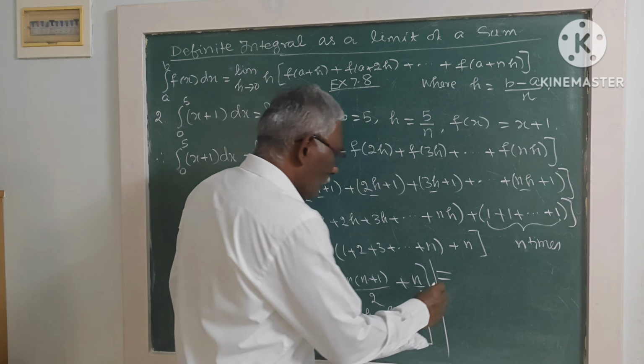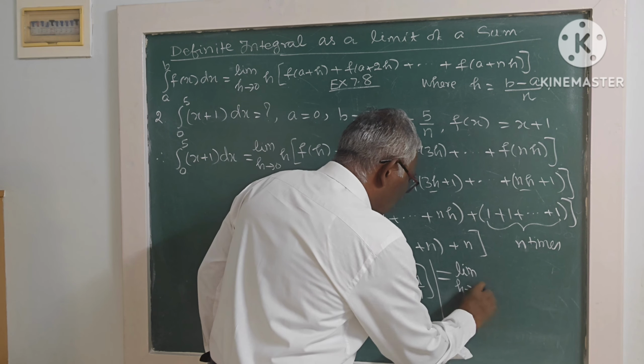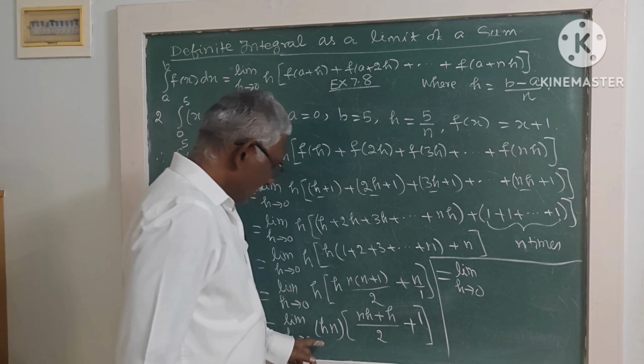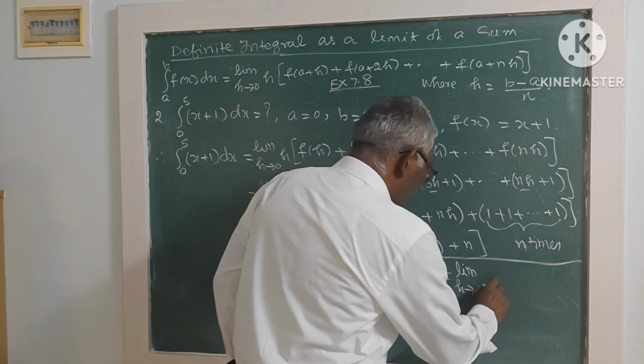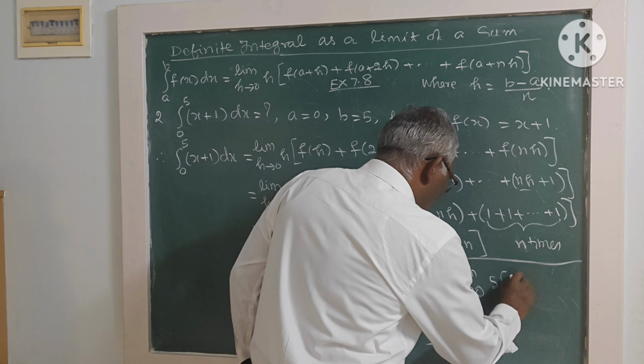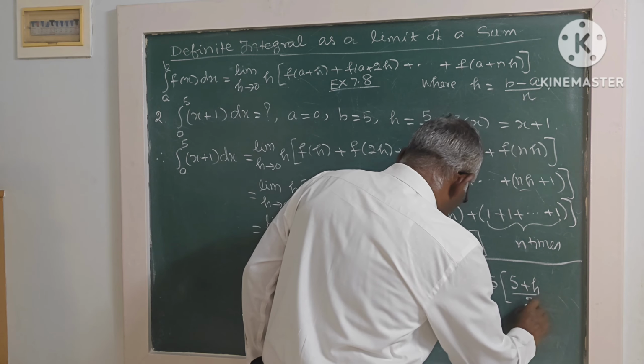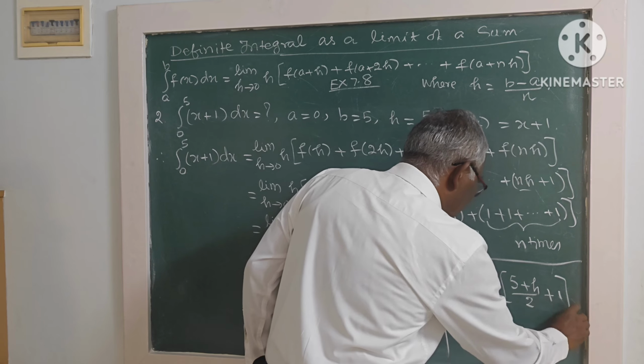So limit h tends to 0, 5 into (5 plus h by 2 plus 1).